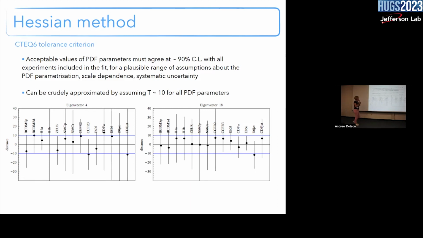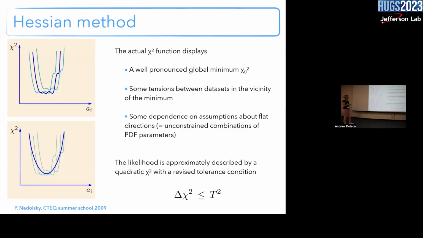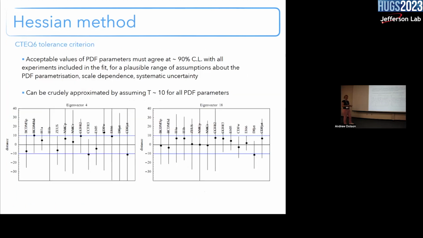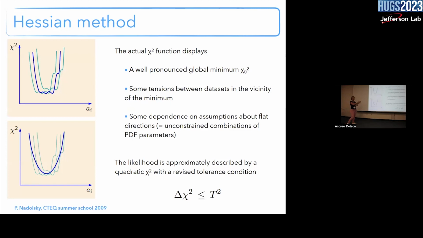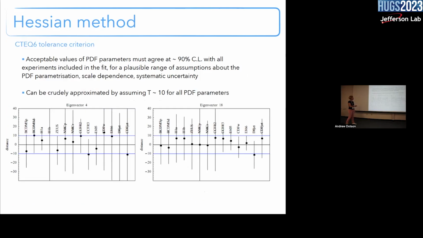This is a very rough, very crude explanation, but given that I'm doing an approximation and the data shows some incompatibility, how do I stretch it? In practice, you are blowing up the uncertainty in the parameter space by a factor due to the tension among the data sets. To do that, you have to check for each eigenvector how much the shift that you make by raising the tolerance from 1 to a larger number keeps together the chi-square of the different experiments you have.